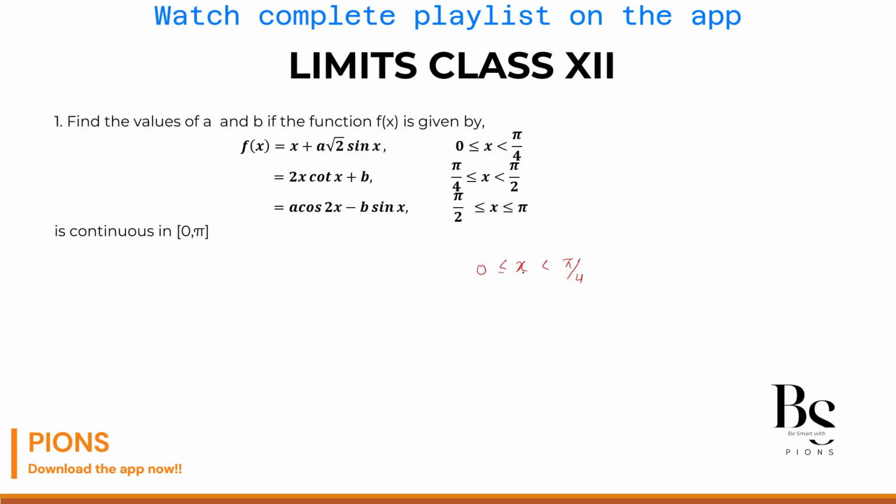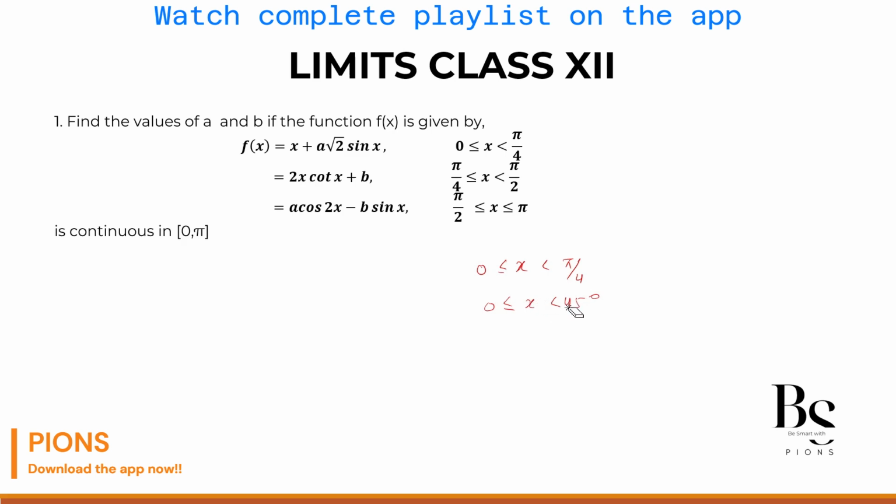Now when you say x is greater than 0, and here x is less than pi by 4. Pi by 4 is 45 degree, which means you can take any value between 0 to 45 degree, any value of your choice. Clear? So this x is less than 45.